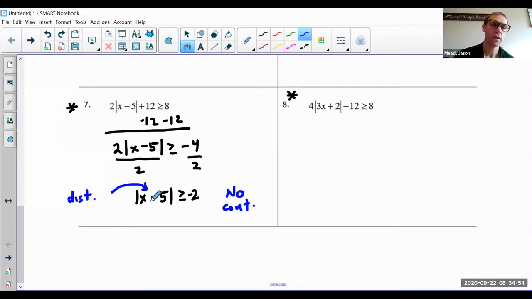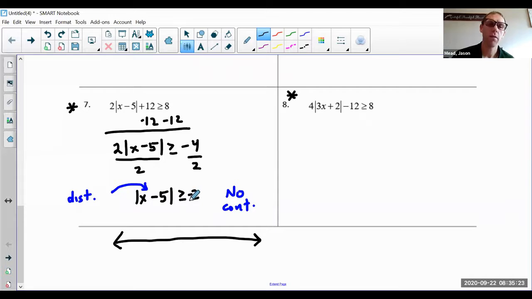So in this case, our distance from x minus 5, which if I'm graphing this on a number line, I would have some sort of distance from a center, which I'll talk about near the end of this class. But I have a distance from a center, and that's greater than or equal to -2.